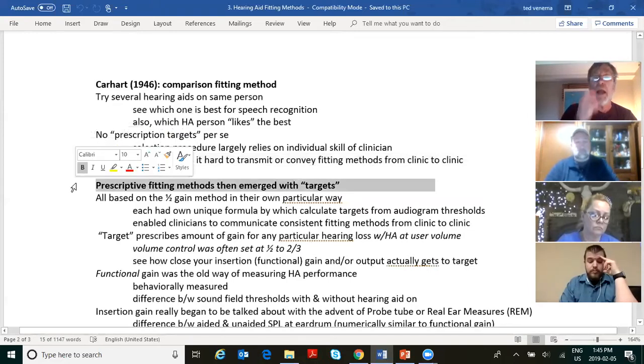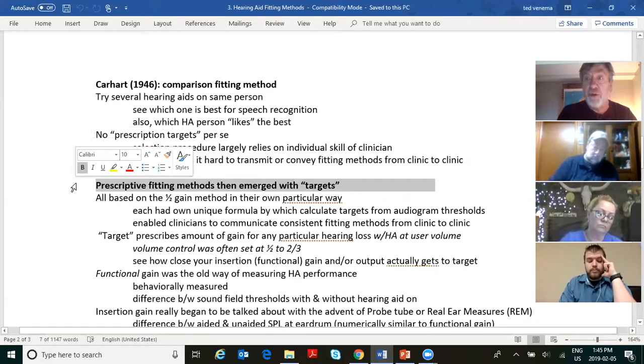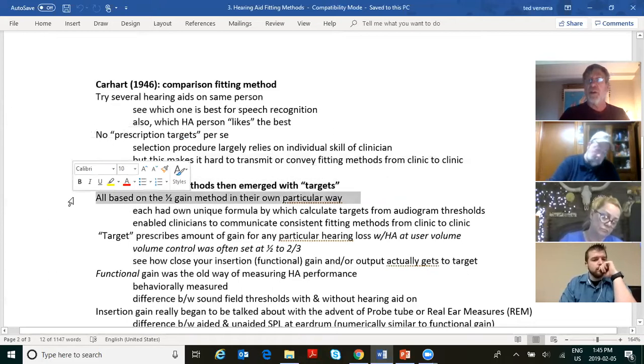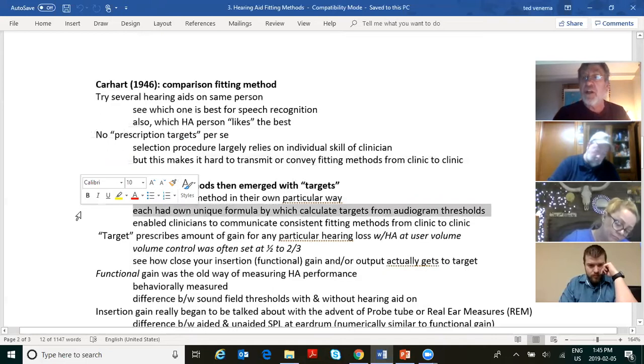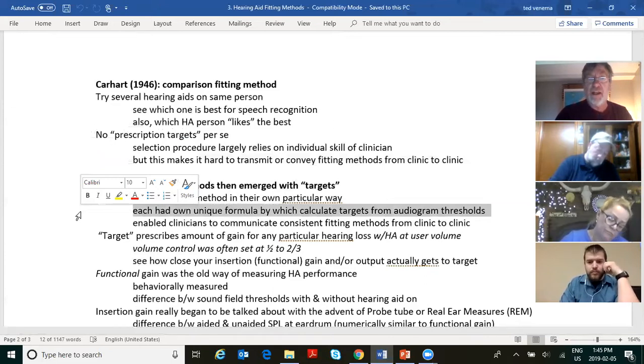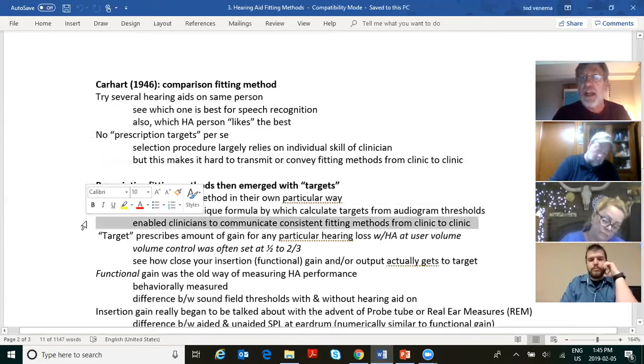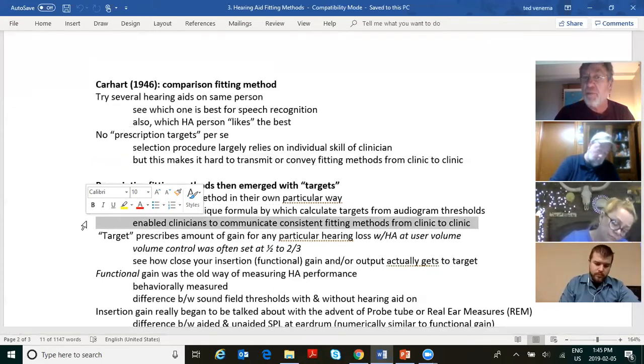So here came the half gain rule, and then several methods were born out of the half gain rule, but each of them based on the half gain method in their own particular way. They each used a different kind of math to calculate the targets from audiogram thresholds, and it enabled clinicians to communicate consistent fitting methods from clinic to clinic.